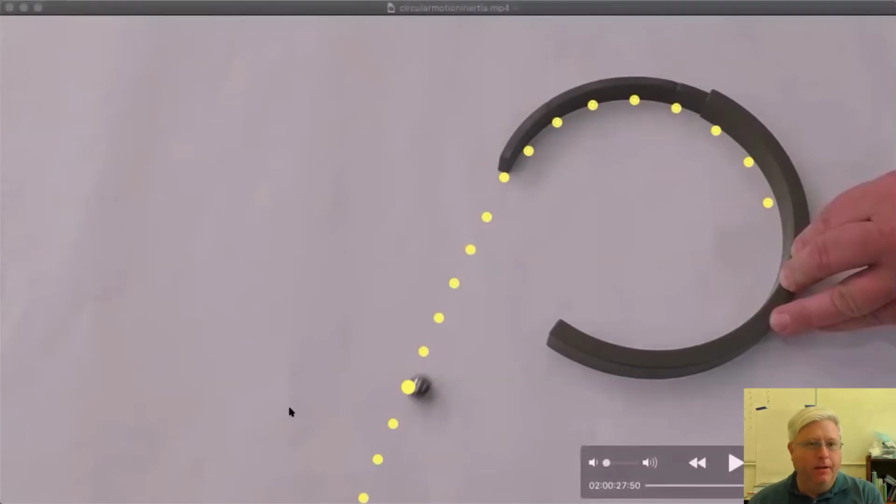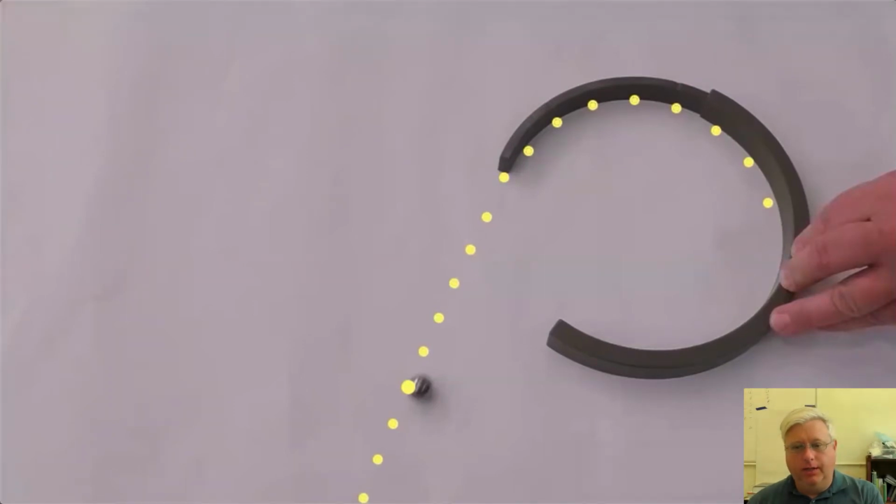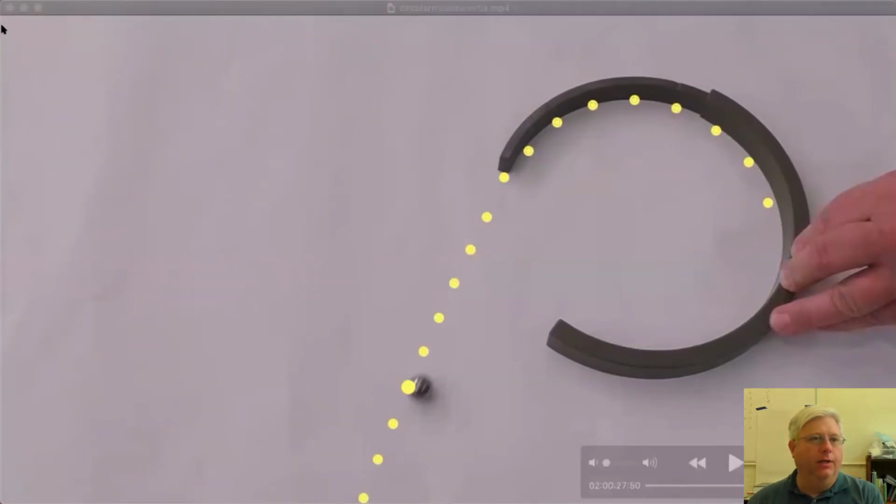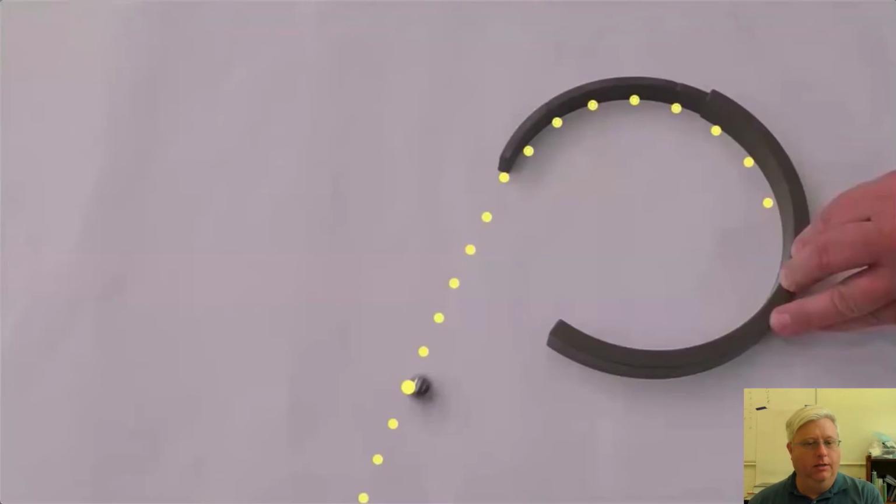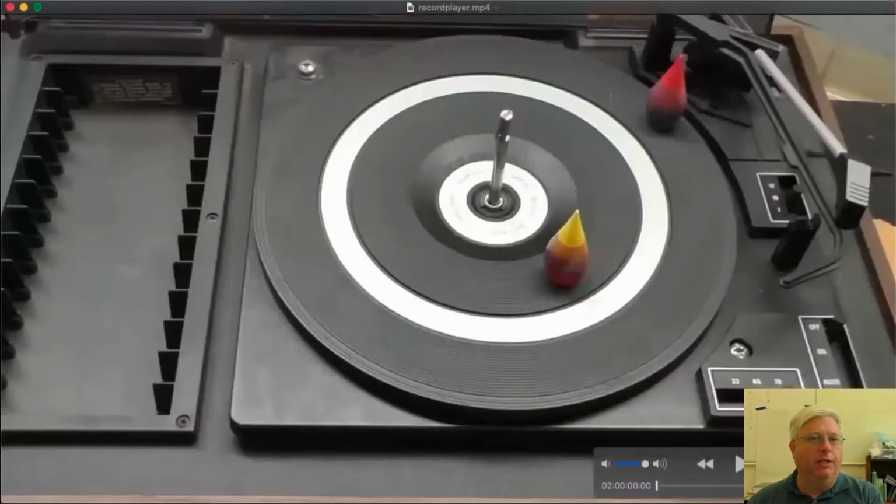And so finally, I'll show you one last video, and maybe some of you have seen one of these at your grandparents' house or something, but it's called a record player or a turntable. There's all kinds of different names for it.